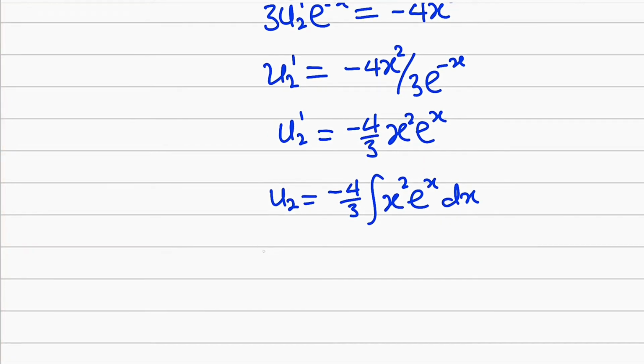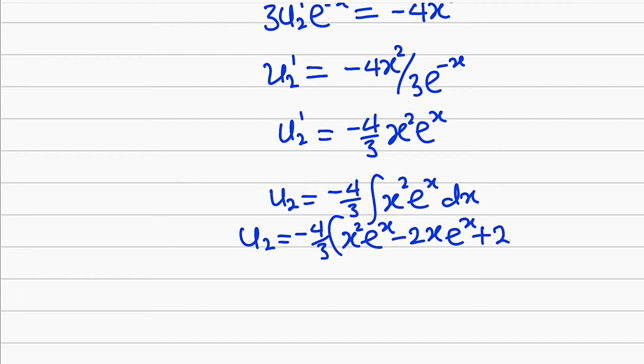All right. u2 will be equal to negative 4 over 3. The integral of x squared e to the x is exactly equal to x squared e to the x minus 2x e to the x plus 2 e to the x.